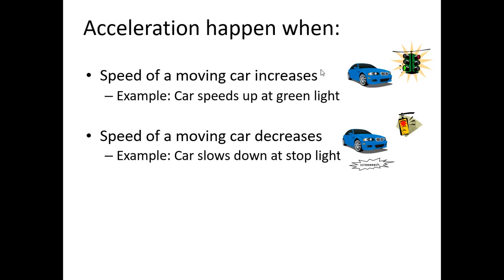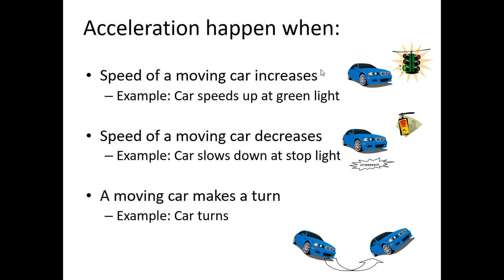Acceleration, or change in velocity, can also happen when there is a decrease in speed. As an example, when a car slows down at the stoplight. And then there is also a change in velocity when a car makes a turn, may it be to the left or to the right or to the rear. And all this actually indicates acceleration.